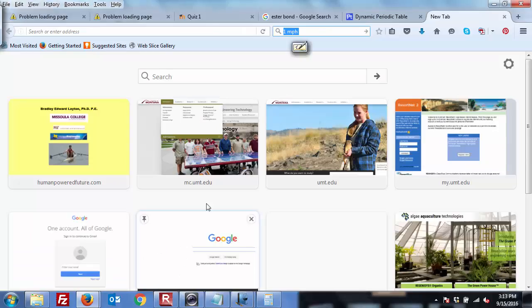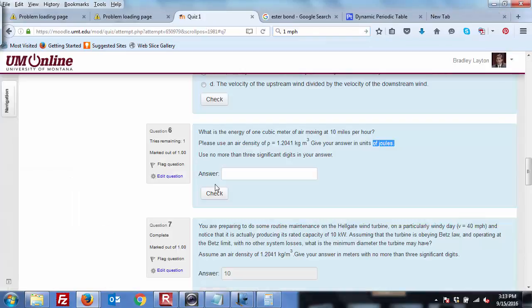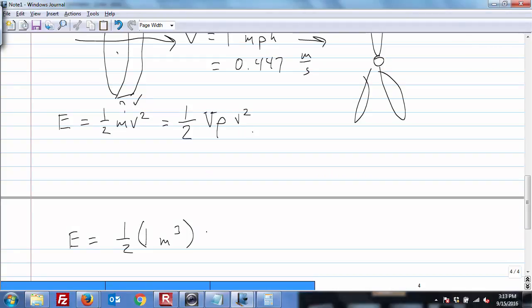The density of air is given in the problem statement at 1.2041 kilograms per meter cubed.